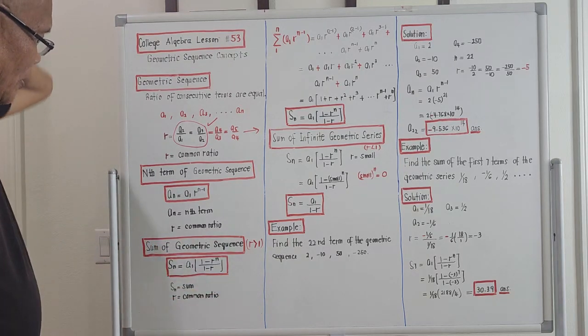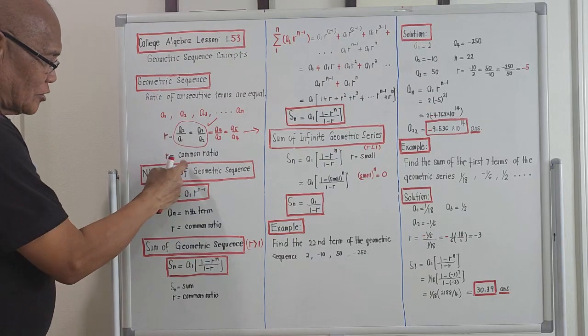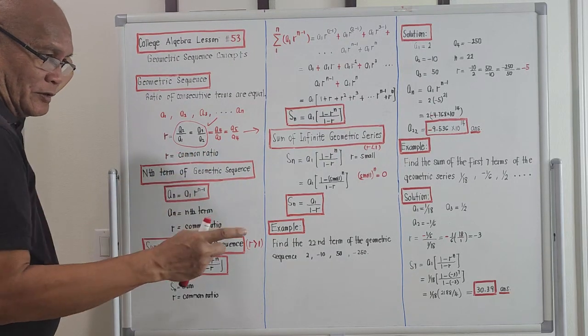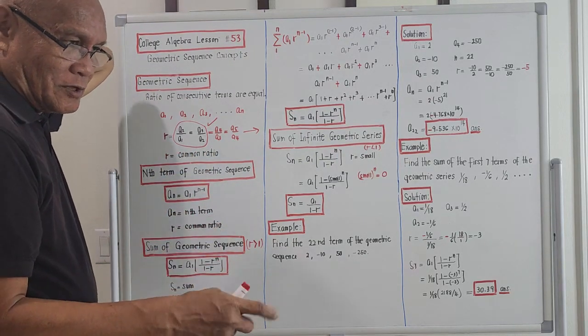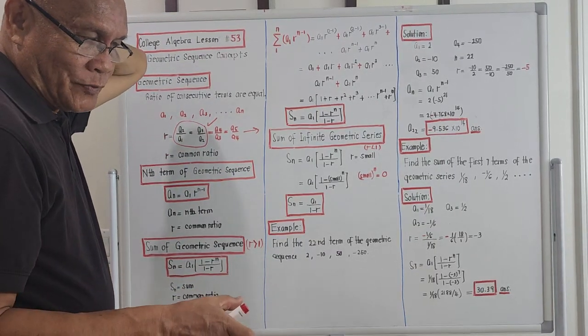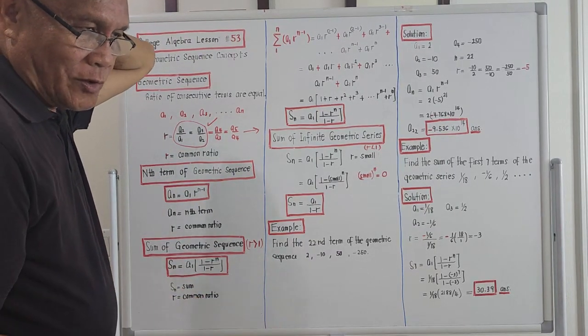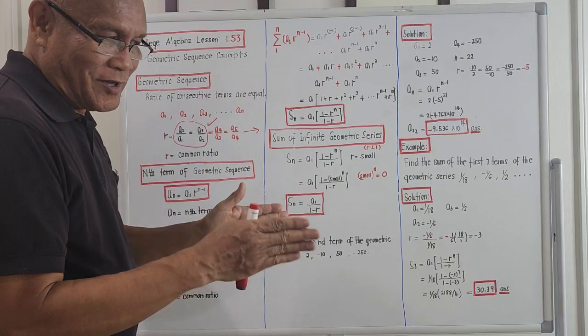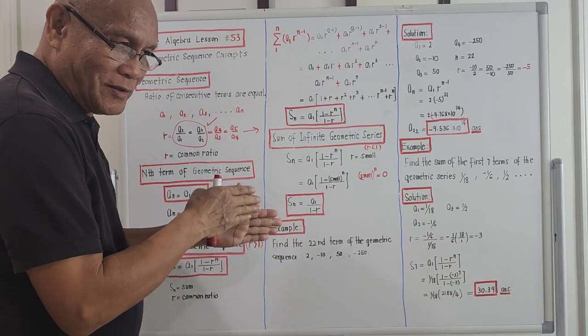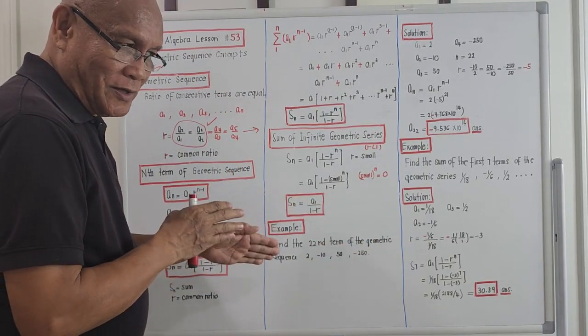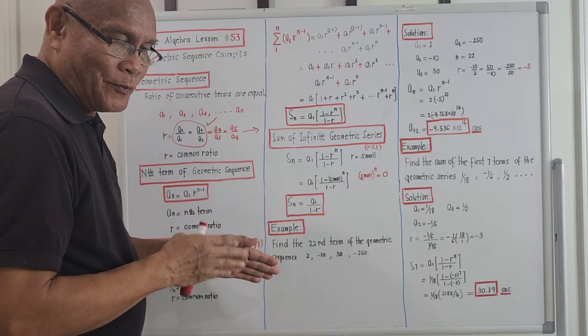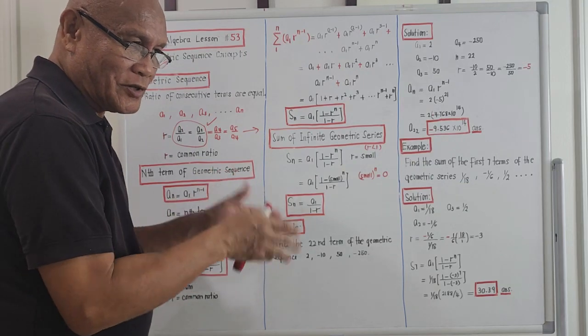Where R is actually the so-called common ratio. The difference between arithmetic sequence and geometric is that in the arithmetic sequence, there was a difference, a gap in between the terms. And for the geometric sequence, the ratios are actually the same.